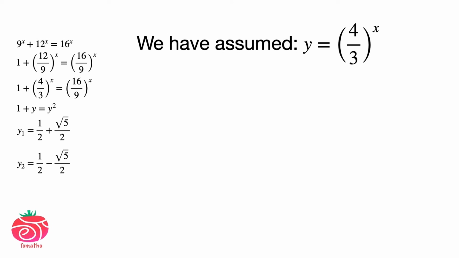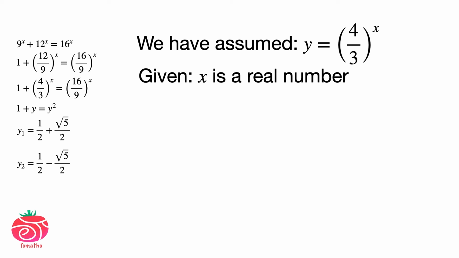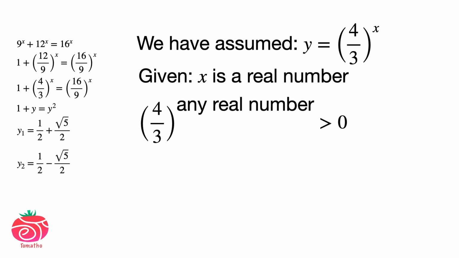Next, going back to our assumption, we know y equals (4 over 3) to the power of x. We know that since x is a real number, (4 over 3) to the power of any real number is always a positive number, greater than 0.